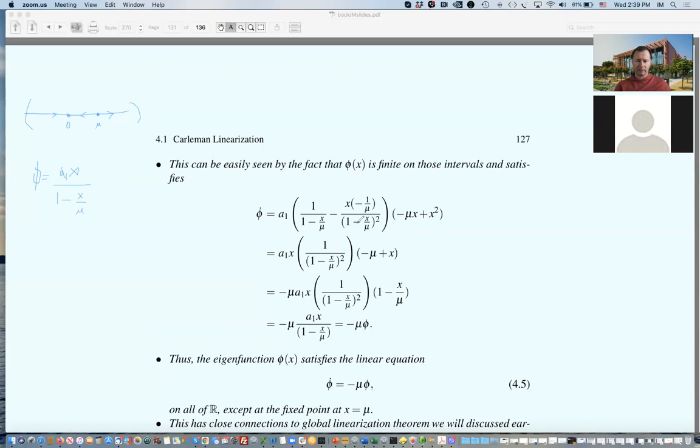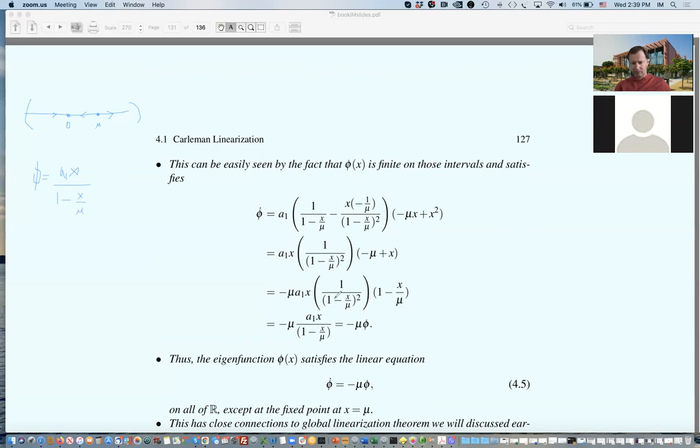The denominator is going to be 1 minus x over mu squared. I need to put 1 minus x over mu over here, if I square the bottom. So I have 1 minus x over mu over here, plus x over mu, that gives me 1, divided by 1 minus x over mu. Now, of course, if I take mu out in front with the minus, what is left over here is 1 minus x over mu.